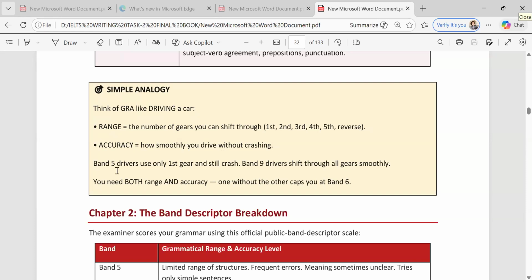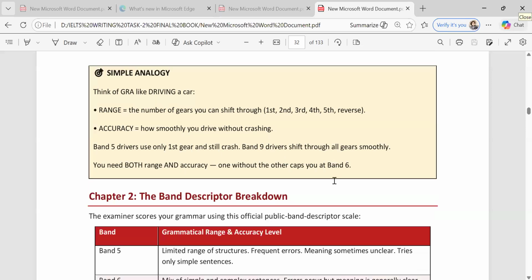Band 5 drivers use only first gear, while Band 9 drivers shift through all gears smoothly. You need both range and accuracy. You need both to use all gears, and along with that, you should know how to use them smoothly. One without the other caps you at Band 6.